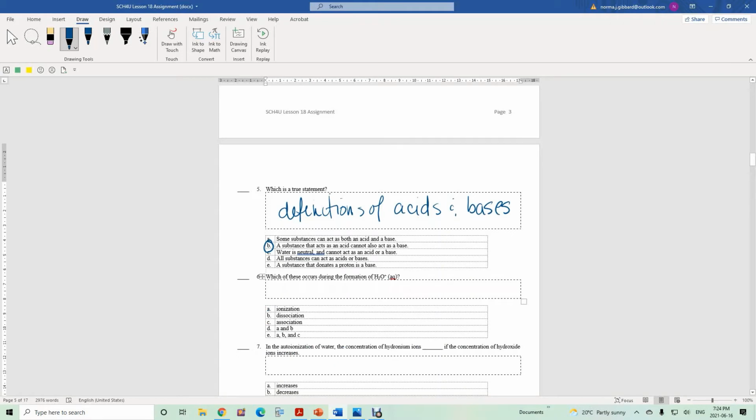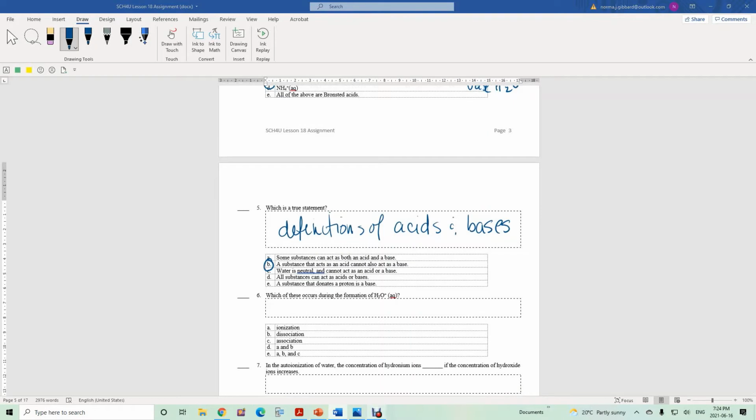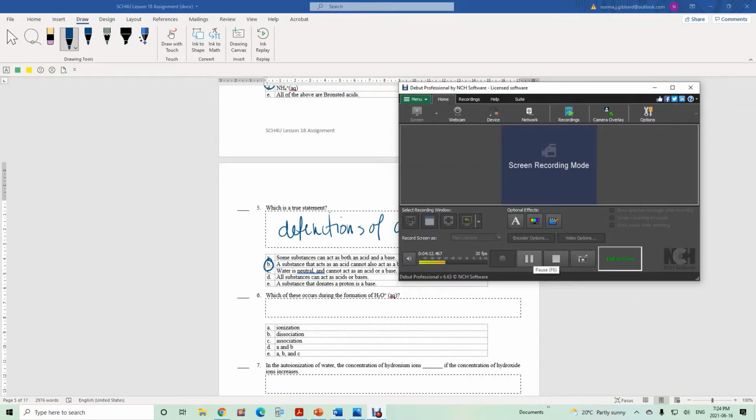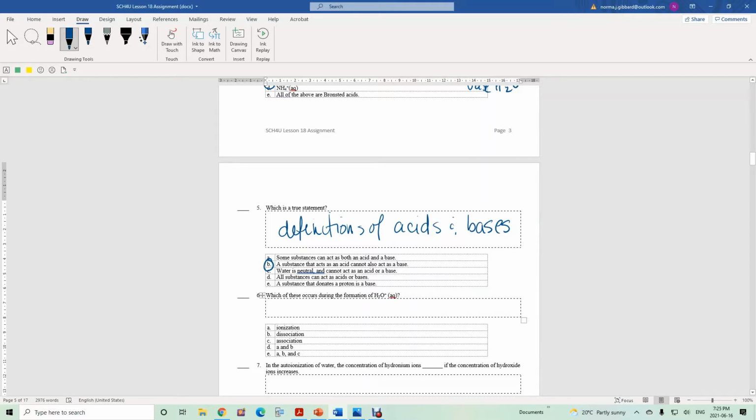Okay, number 6, which of these occurs during the formation of H3O plus? And that is ionization and dissociation and association.